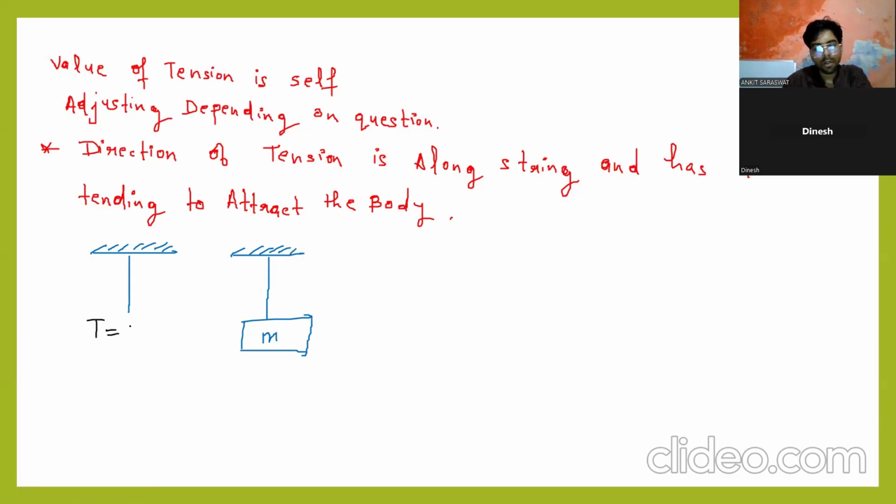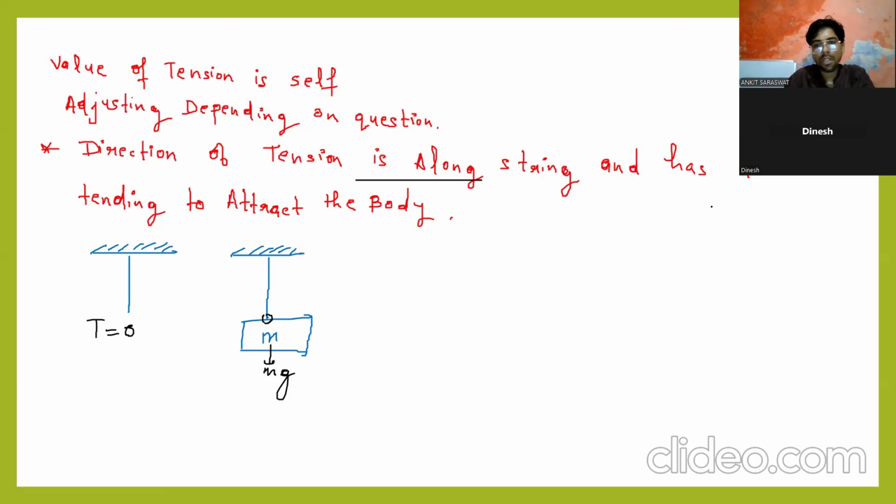Zero. But here, at this end of the wire, we are attaching a weight. Then what will happen? Because of this mass, gravity will pull it down, mg. The weight of the body is equal to the tension. So my question is, what is the direction of tension?